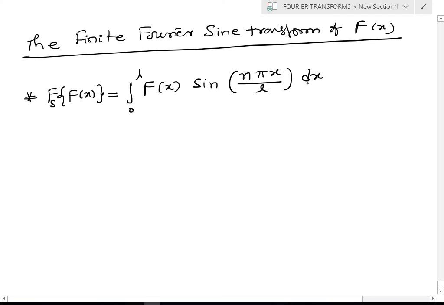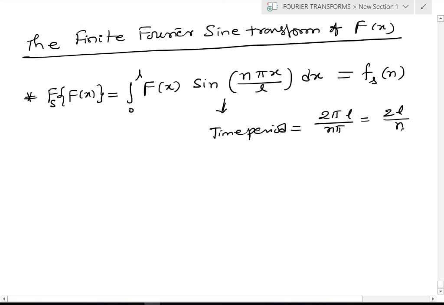After performing integration with respect to x, the parameter n is left, so I have the sine transformation as a function of n. Here you remember, if only sin x is there, the periodicity, that is the time period, is equal to 2 pi. But here I have a multiplier, so the period is 2 pi upon n pi by L, and pi will cancel, giving 2L upon n.